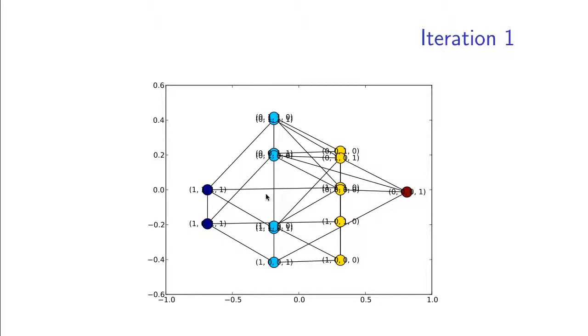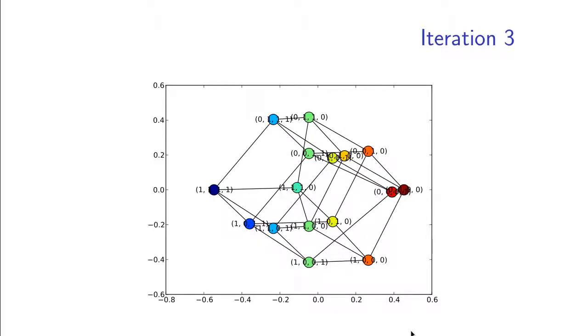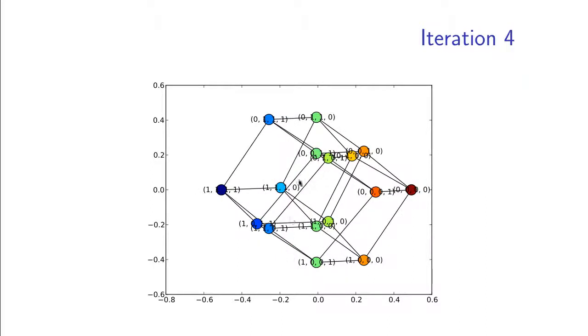This is what we get after one step. This is what we get after 2 steps. And already after 4 iterations, we're going to get pretty much the structure that we would see if we kept going for a long time.